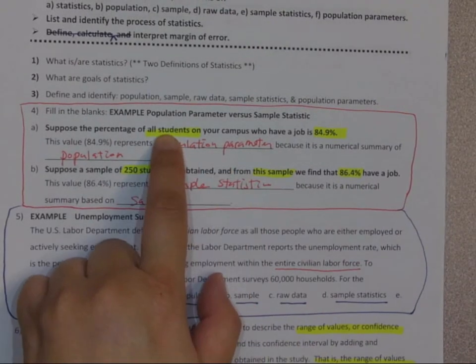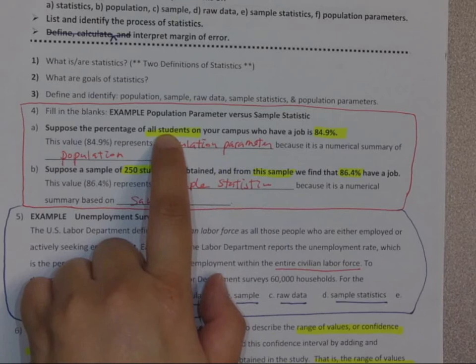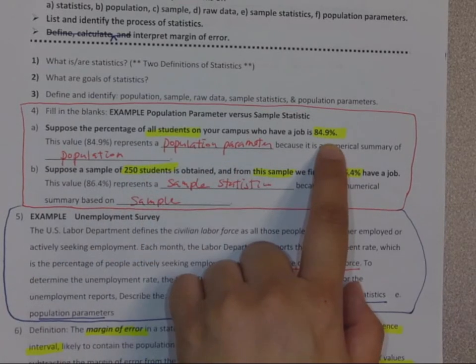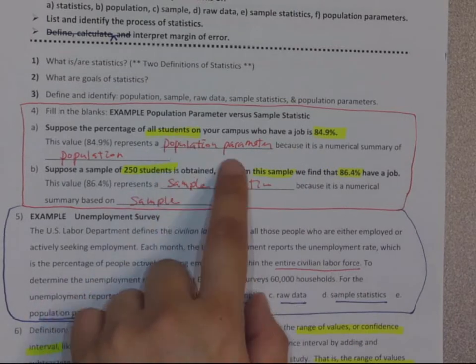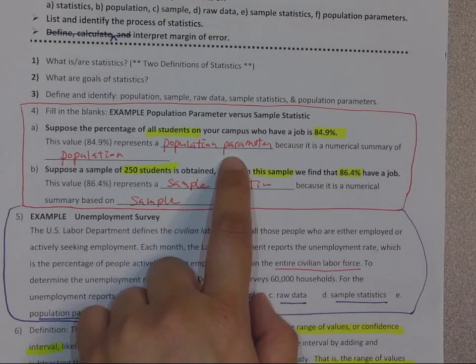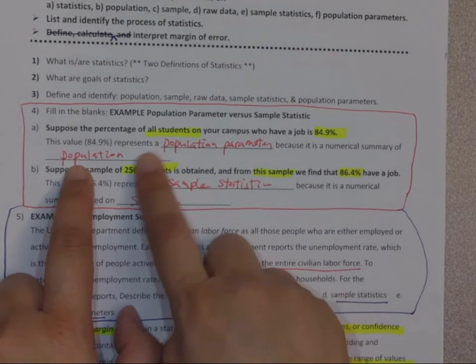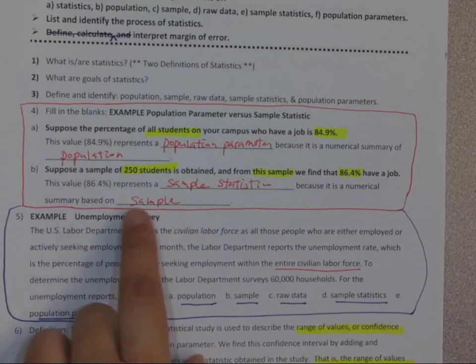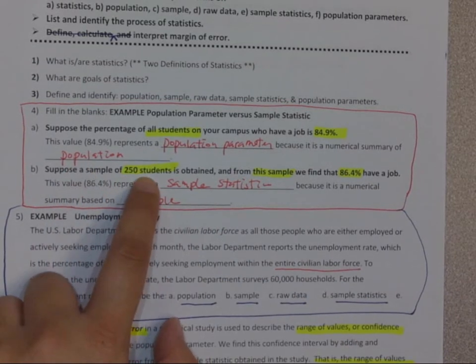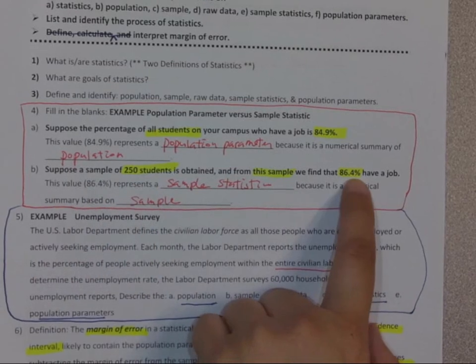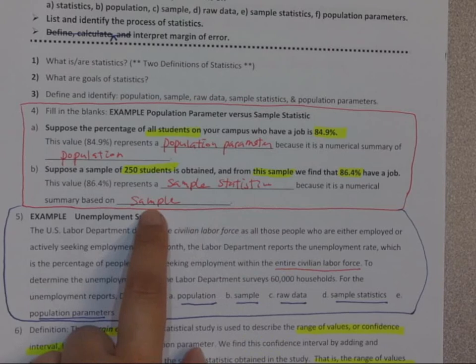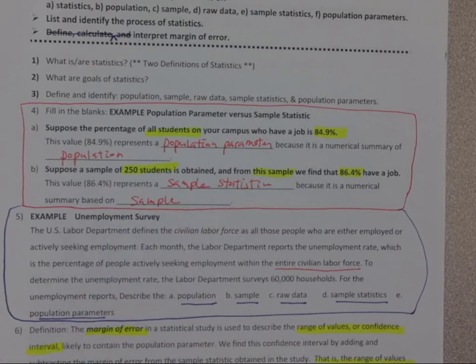So for the example we have in class, it talks about all students. Because it's talking about all students, the number representing all students would be your population parameter, right? And then because it's all students, it's basing on the population. Is that okay? And then for this one, because they only sampled 250 students, the number related to that would be your sample statistic, because it's basing on a sample. Is that okay? All right.